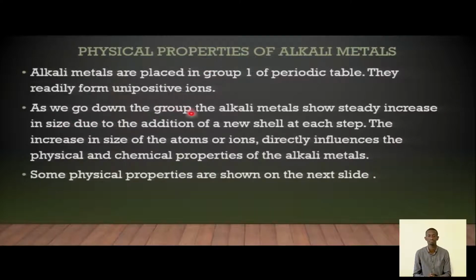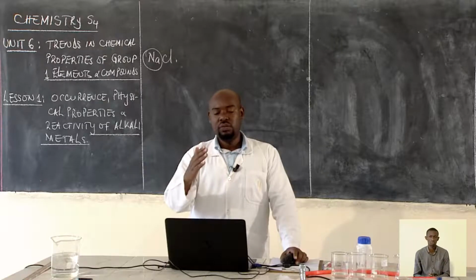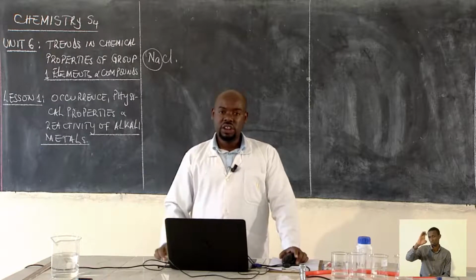As we go down the group, the alkali metals show a steady increase in size. You remember why? We have 2 factors which govern this: the screening effect and the nuclear charge.